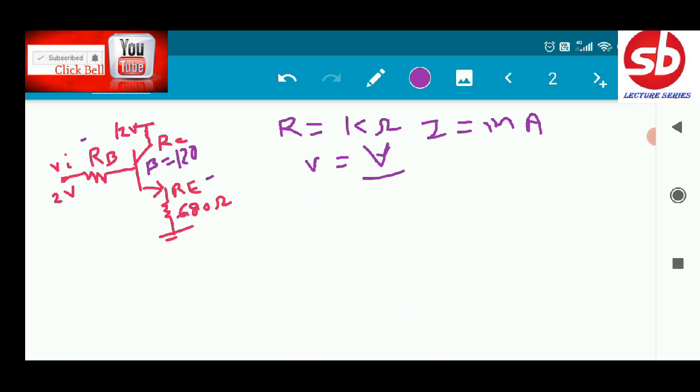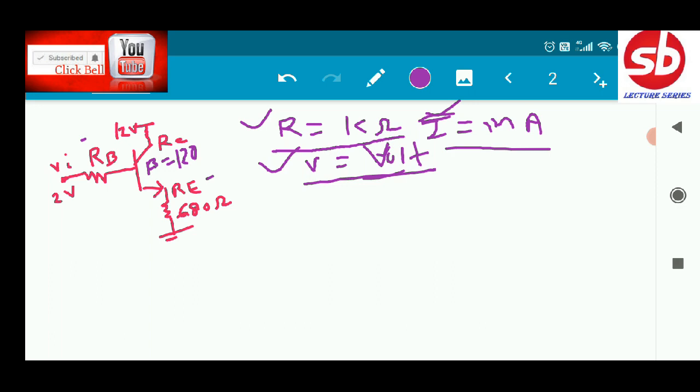You don't need to convert the units to their base values, because if you take resistance in kilo ohm, current in milliampere, and voltage in volt, then you get the values in this way. You must remember this whether you are solving a problem on transistor biasing or region of transistor.